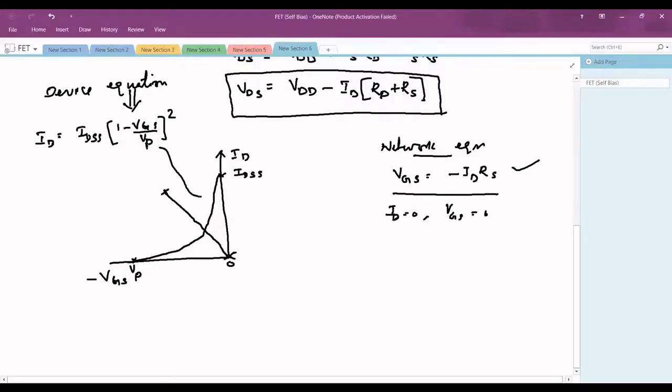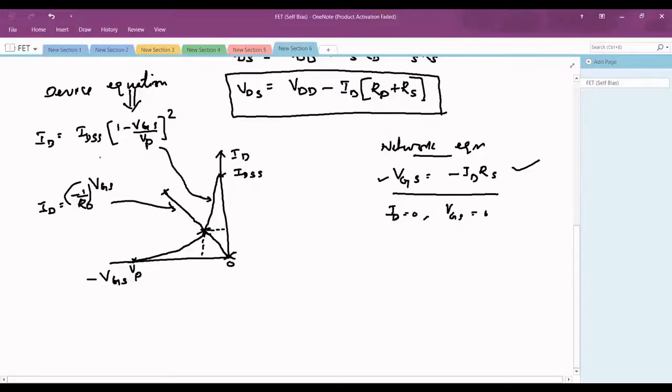This is the graph connecting the Shockley's equation, and this straight line corresponds to ID equal to minus 1 by RS into VGS, so minus 1 by RS is the slope of this straight line.